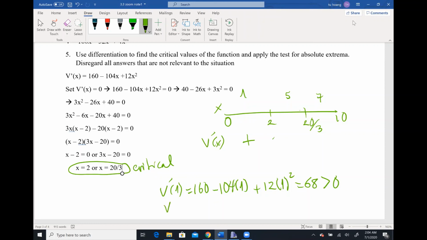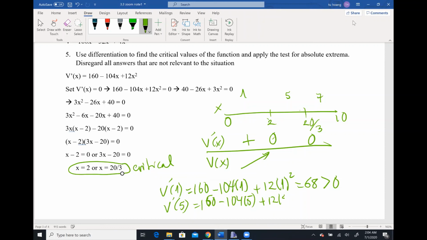Because these are critical values, I put 0 here. And I have v prime of x in the interval from 0 to 2 is increasing. Okay, so for v prime of 5, I'm going to have 160 minus 104 times 5 plus 12 times 5 squared. What is that equal to?